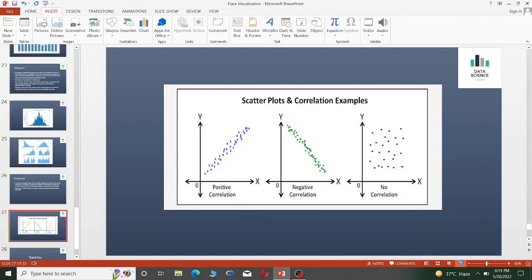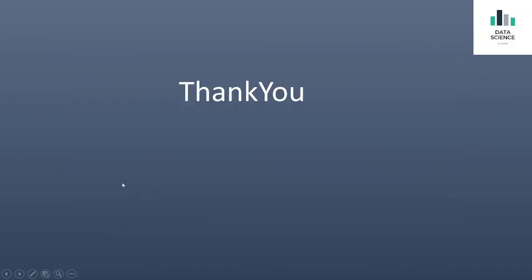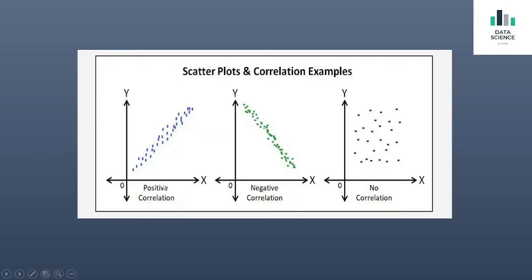So here we have a scatter plot. Suppose on the x-axis we have one quant variable, and on the y-axis we have another quant variable. We can see the dots are linear here, heavily distributed around one straight line.